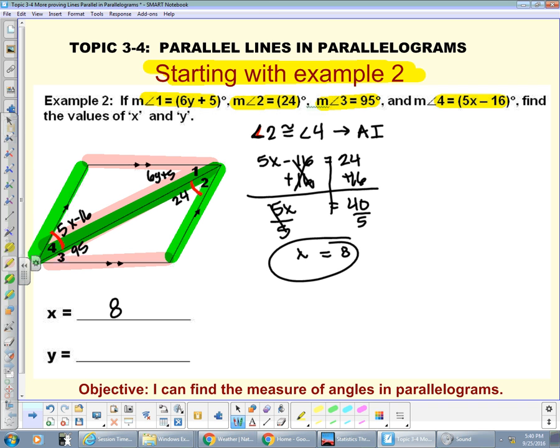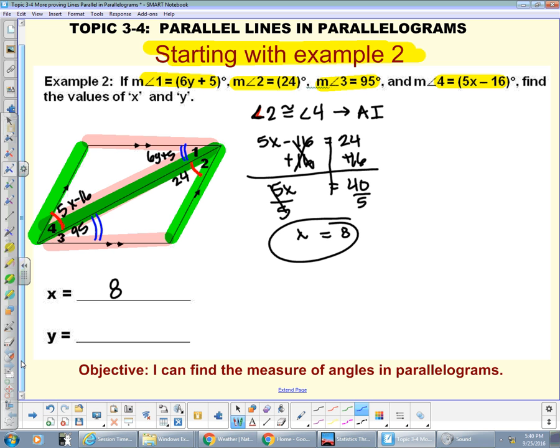That's pretty clear. And so what I learned from this is that angle 1 is congruent to angle 3 by alternate interior angles. So angle 1 is congruent to angle 3 because they are alternate interior.